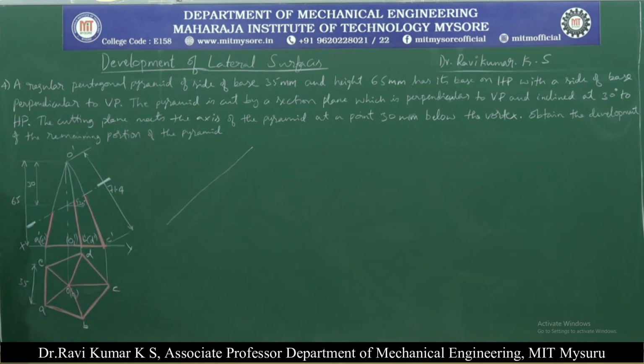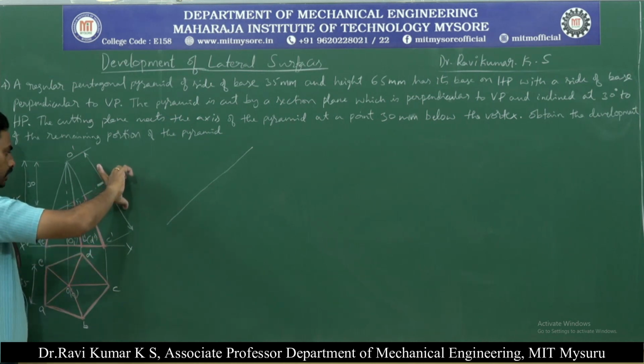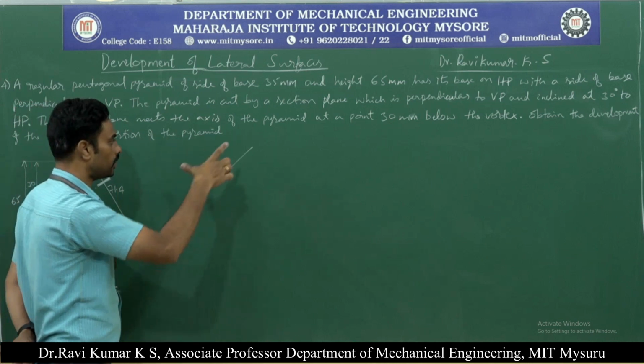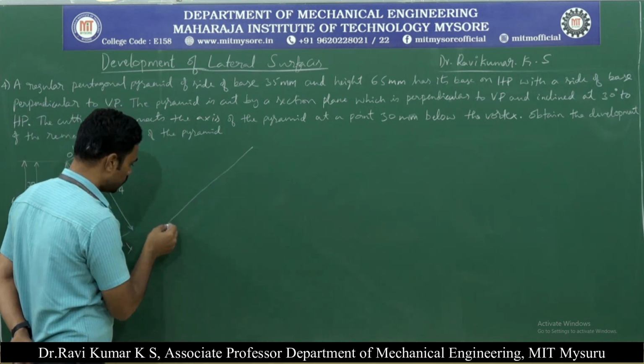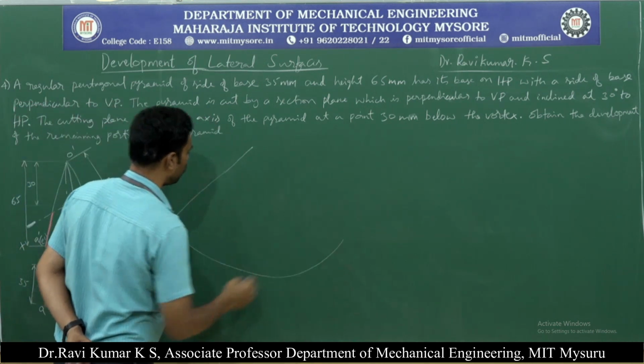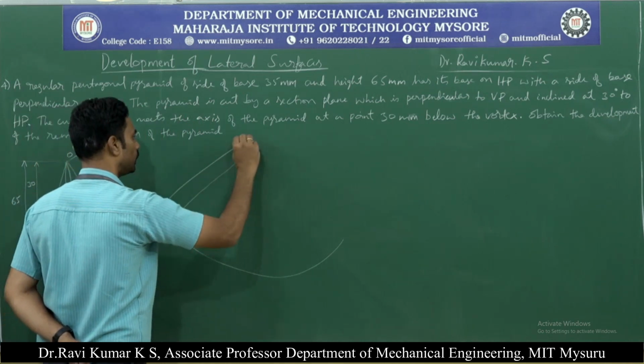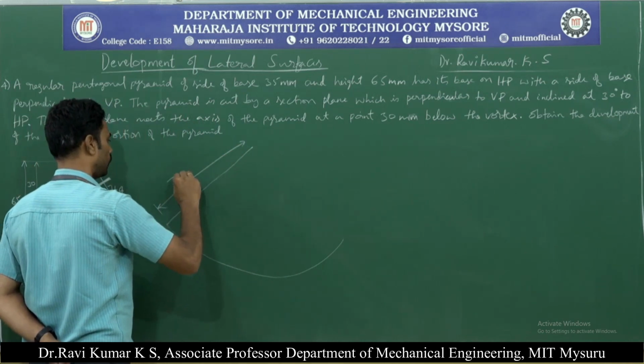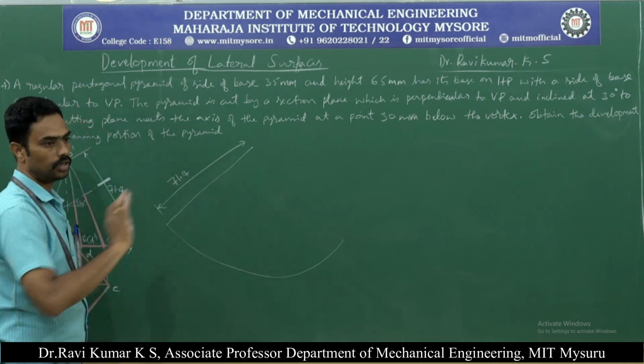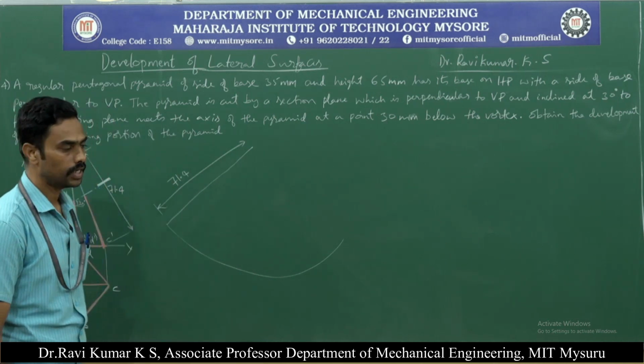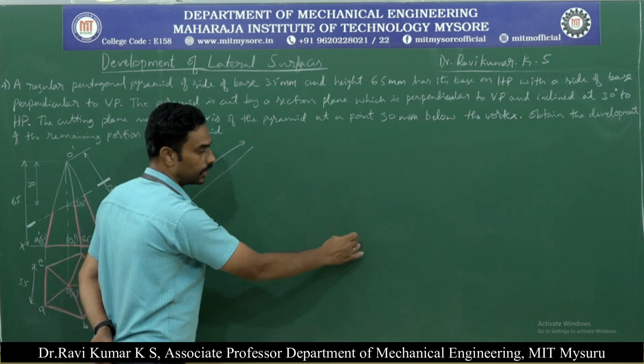Now with the help of this radius 71.4, take 71.4 in your compass, select this as center and draw an arc. This radius should be 71.4. So what should be the end of the arc?